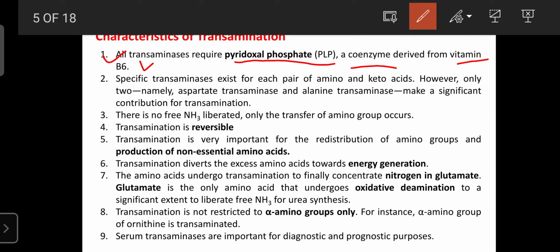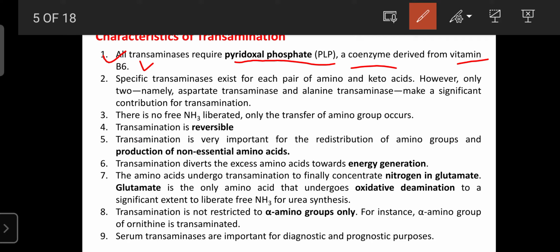Dear students, the transamination reaction is also one of the important reactions, helpful for continuously supplying amino groups for the synthesis of new amino acids and new proteins. It is also essential for synthesis of the non-essential amino acids required for synthesis of hormones, new proteins, enzymes and energetic compounds. The source of these non-essential amino acids is the transamination reactions.